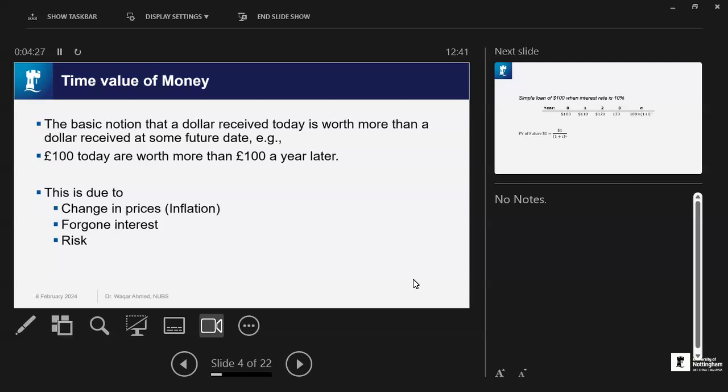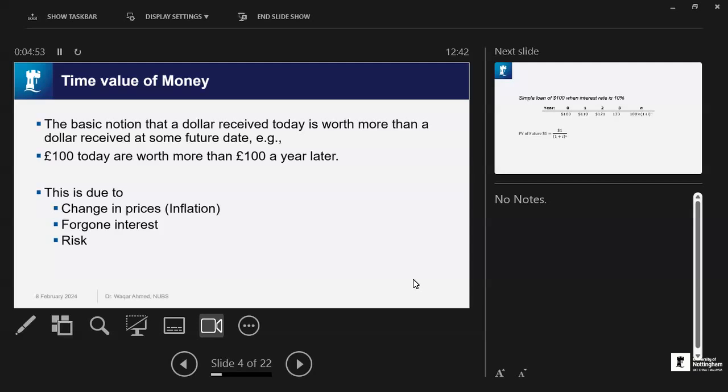So how do we know what is the value of an instrument? We need to know how much cash it's going to generate, how much we are going to get in the future. So what is the price of an asset that generates a cash flow? For simplicity, we'll just take one to begin with.